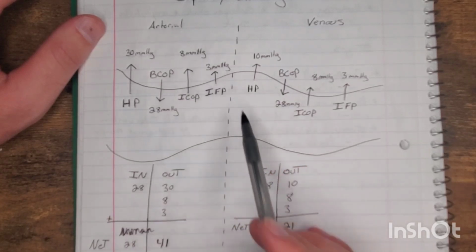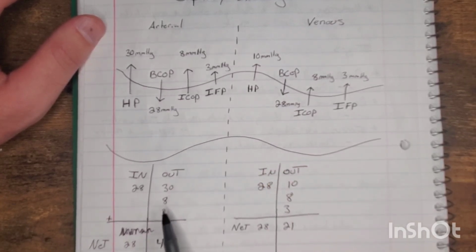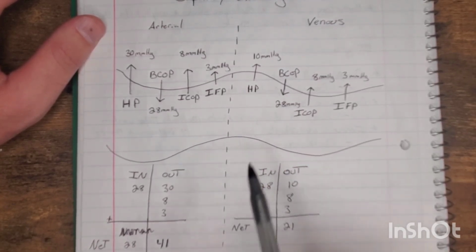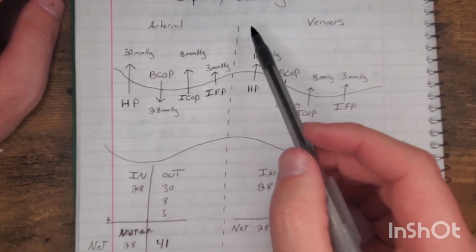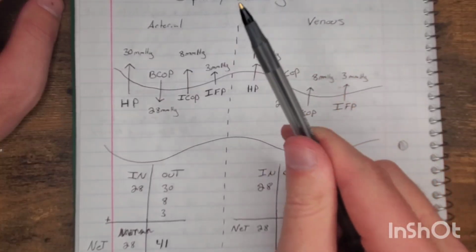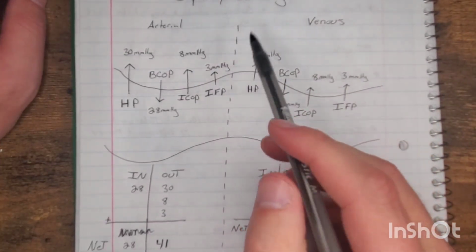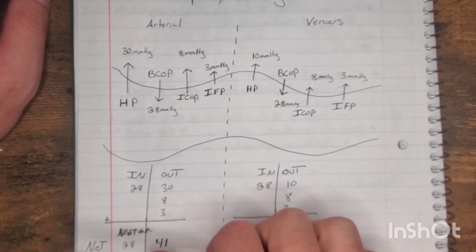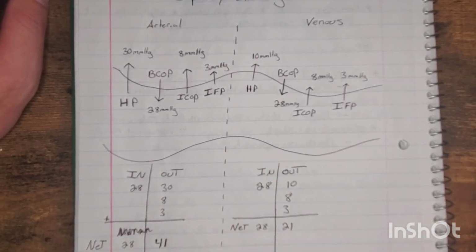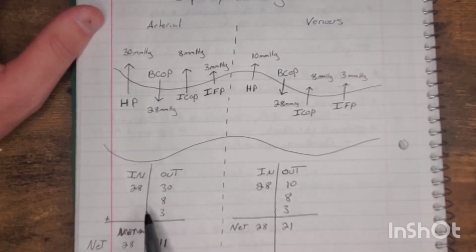So there's going to be an 8 millimeter of mercury pull out into the interstitial space. And this is going to be our interstitial fluid pressure. There are what's called lymphatics. They're going to have a say in this, and they're going to have a suction. They're kind of like the vacuum of the body. They suck up whatever doesn't get put back into the blood, and it eventually goes back up and gets put into the subclavian vein. I can't remember if it's the right or left. That's going to add another 3 to the out.